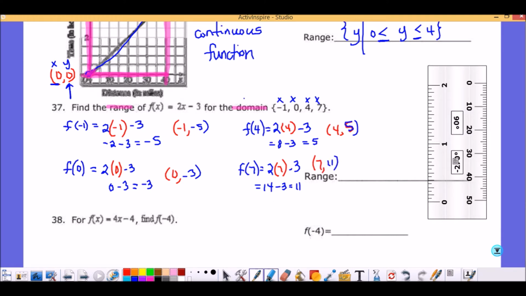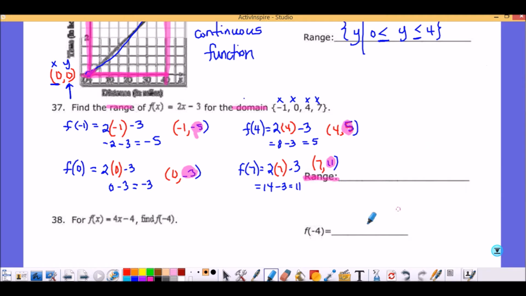All right, so range means all the y values. So it would be -5, -3, 5, and 11. So then I would write it as such. I'm just going to list them: -5, -3, 5, and 11.